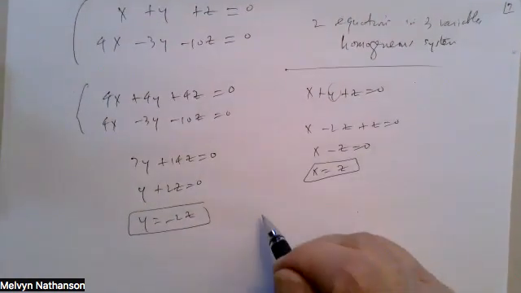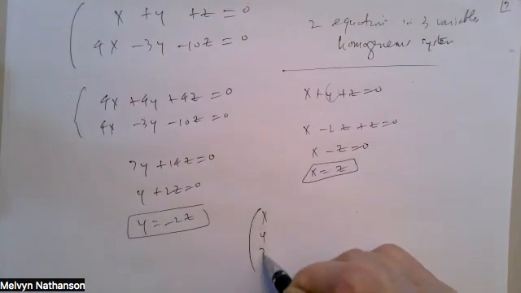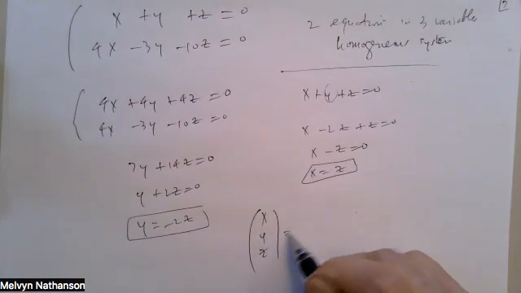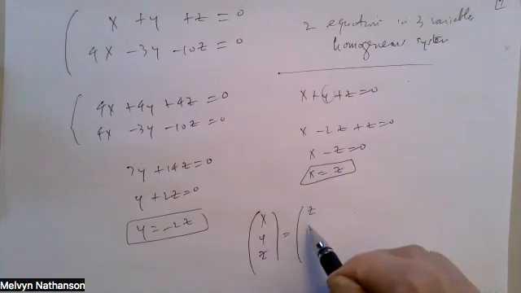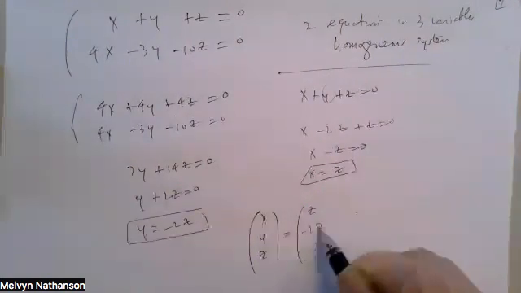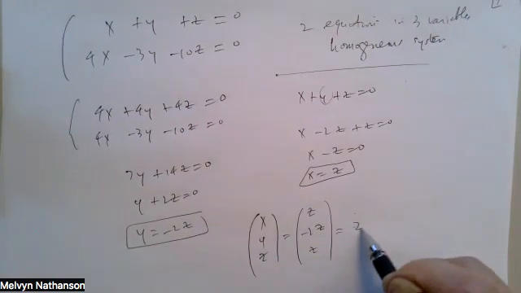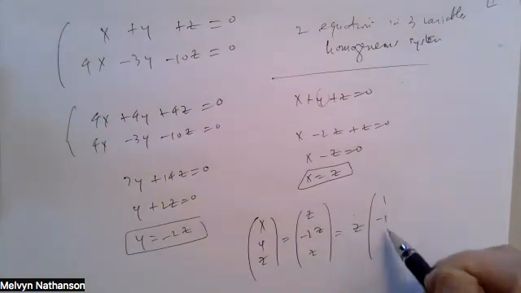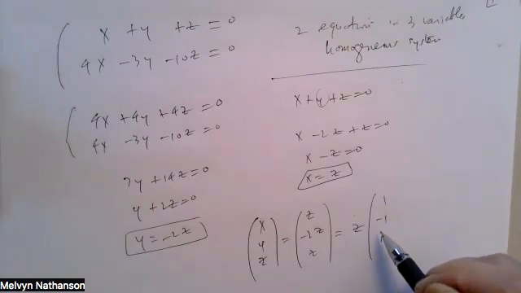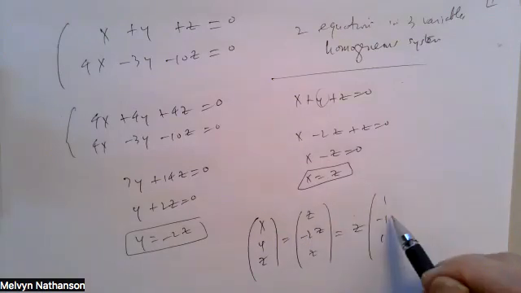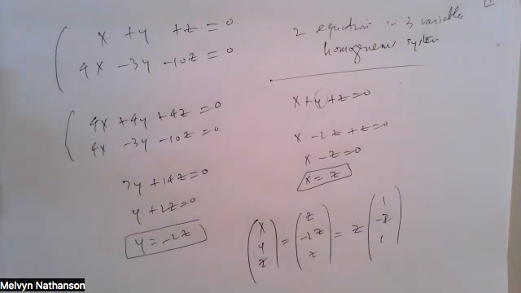So in any solution of these equations, the solution vector x, y, z, x is going to be z, y is going to be minus 2z, and z is z, which is simply z times the vector 1, minus 1, 1. Sorry, this is a 2. 1, minus 2, 1.